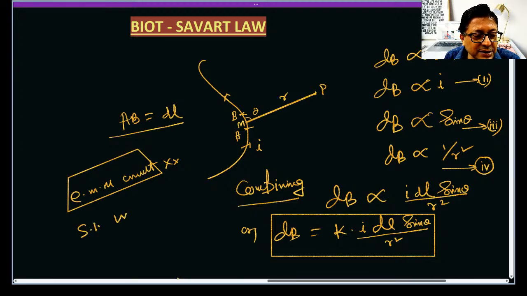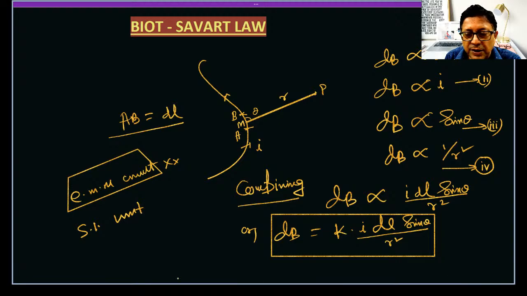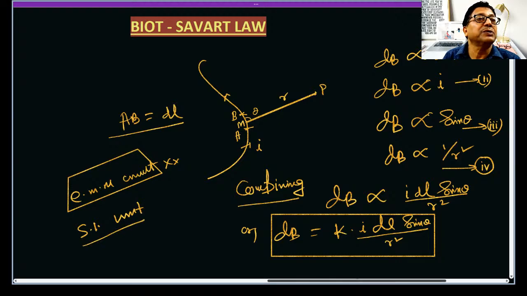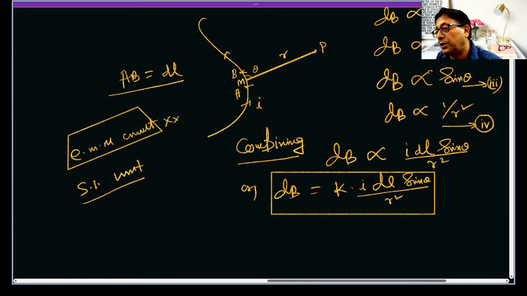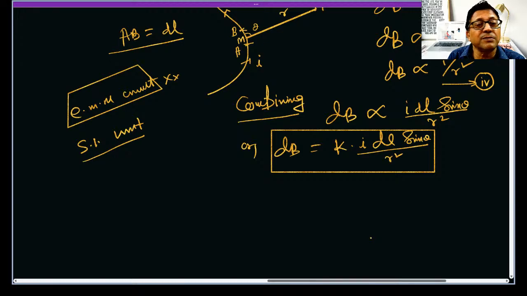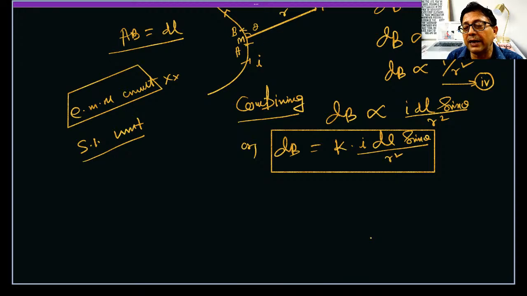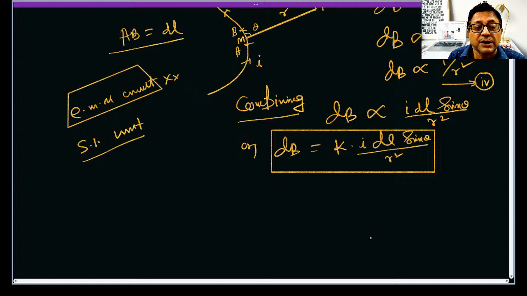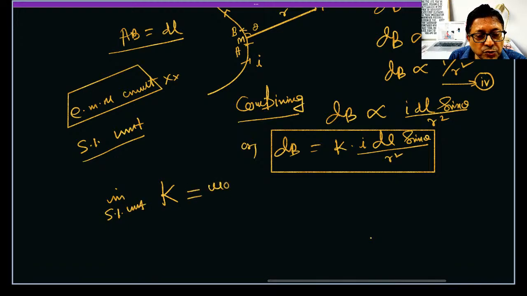That SI unit will be used. The unit of strength of magnetic field we already got. So this k is a constant, whose dimension can be expressed in terms of the strength of magnetic field, length and current. This k in SI unit, k equal to mu 0 by 4 pi.